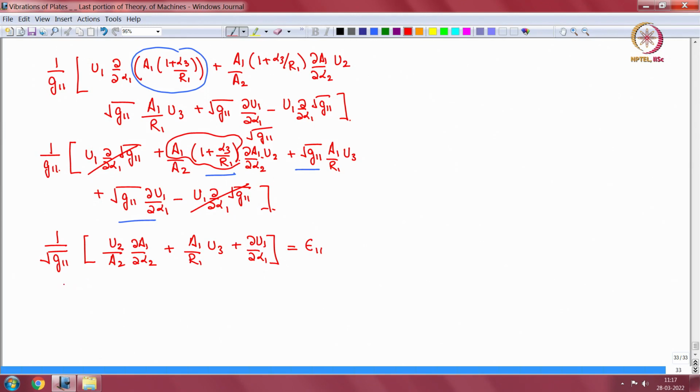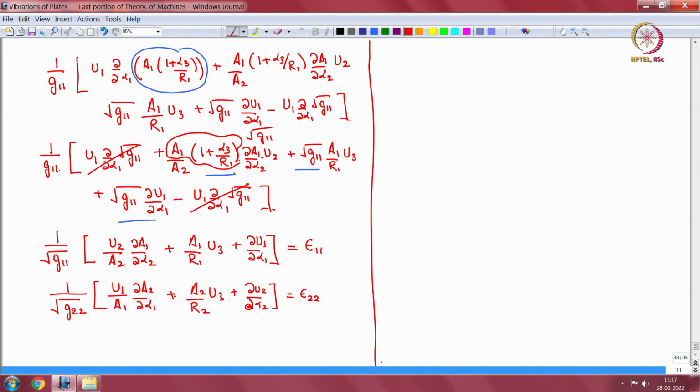So symmetrically, I get 1 over square root of g22 u1 by a1 del a2 by del alpha 1 plus A2 by R2 U3 plus del U2 by del alpha 2, okay, that is epsilon 2 2, then epsilon 3 3 is del of U3 by del alpha 3.